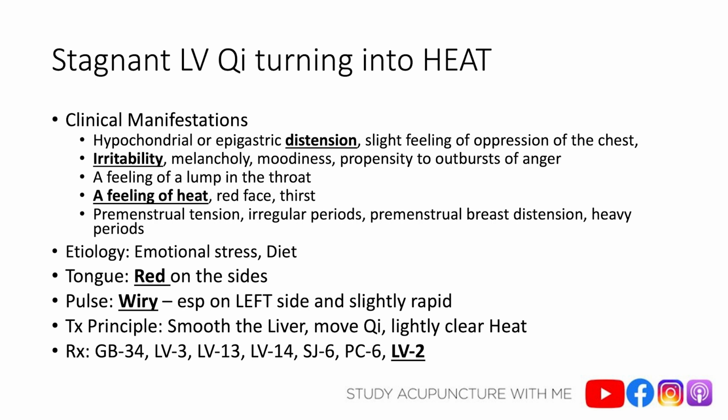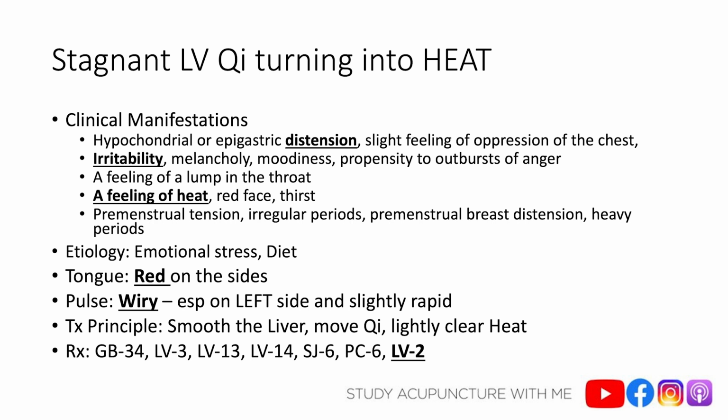We have also underlined the ones that are the key manifestations. So we have a distension feeling, we have irritability, and we have a feeling of heat. We also have a red tongue, and we have a wiry pulse that's slightly rapid. So already you probably see that if we compare liver qi stagnation and this pattern of stagnant liver qi turning into heat, there's a progression in terms of the severity of the symptoms.